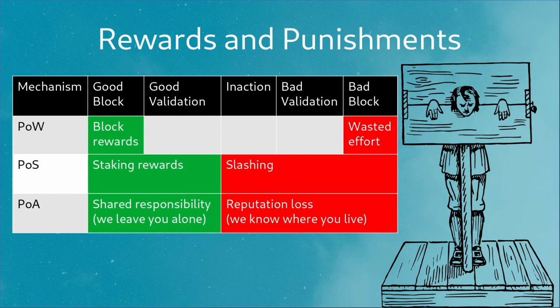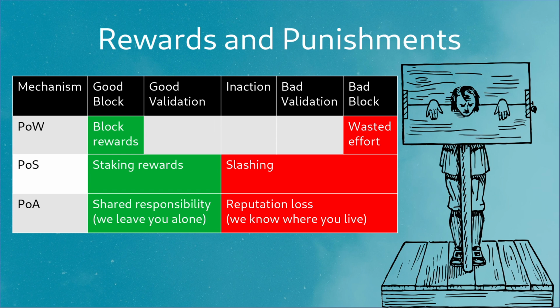But also, the rewards are distributed more evenly. So when you validate a block that is approved, so you do a good validation, you also get rewards. On the other hand, with proof of stake, if you accept a block that is rejected by the majority of the other validators, you also get punished.